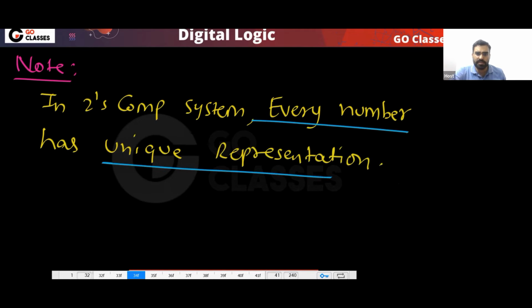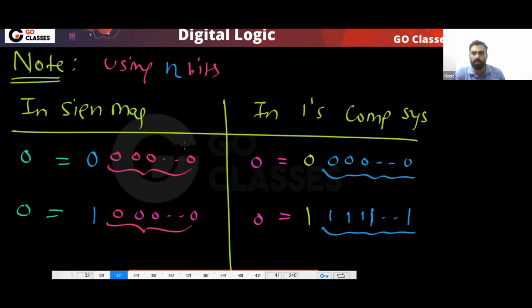Very simple. But this same statement we cannot say for 1's complement and sign magnitude, because they have different representations for 0. For the same number, they have different representations.